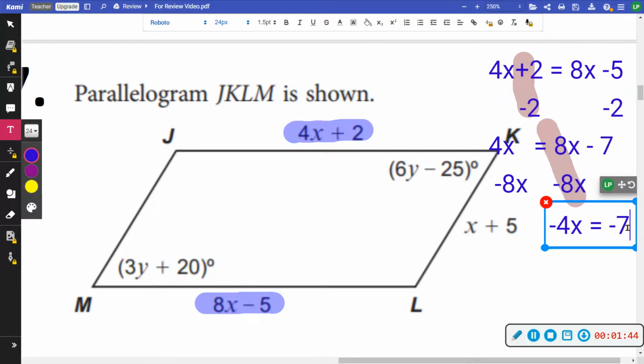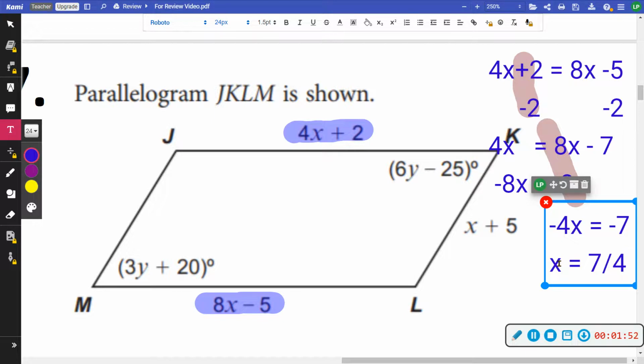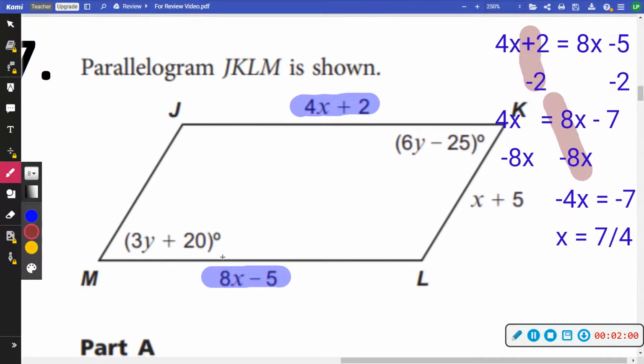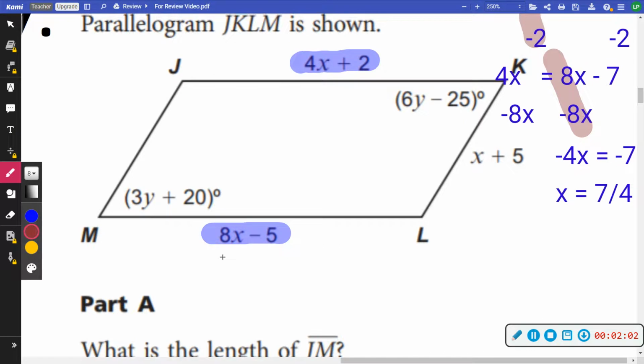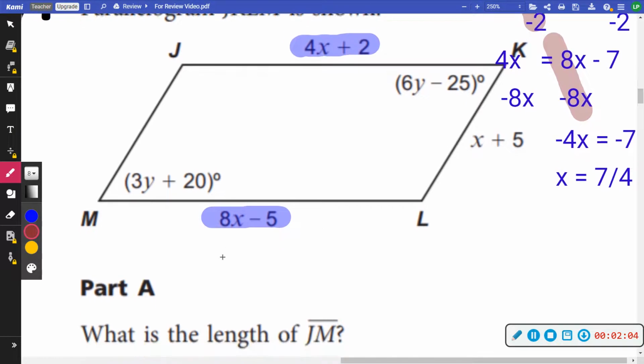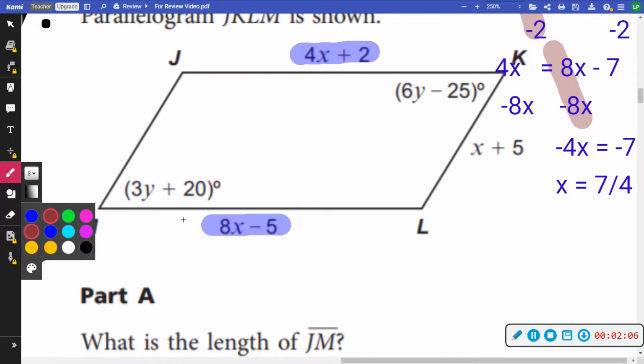All right, well, we got a fraction. X is 7/4, and I would just leave it as 7/4. Now remember, the negatives canceled. So x is 7/4. Okay, so now I have x. Now, let's see what they asked down here. What is the length of JM?